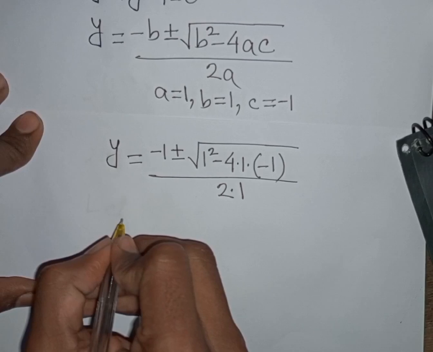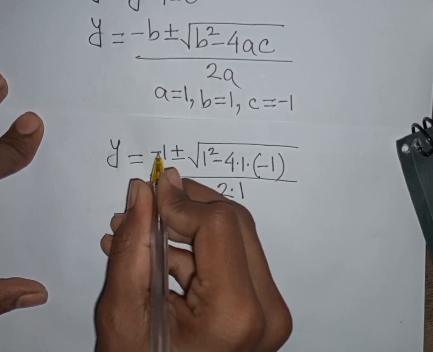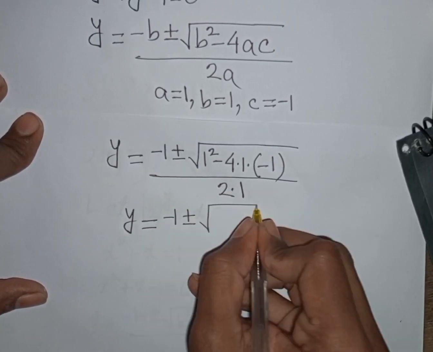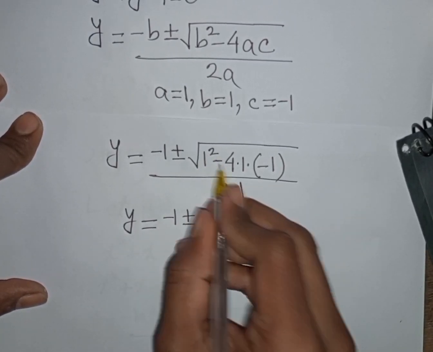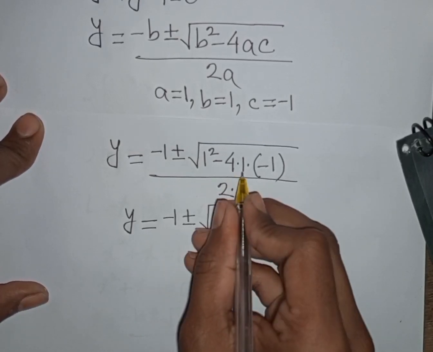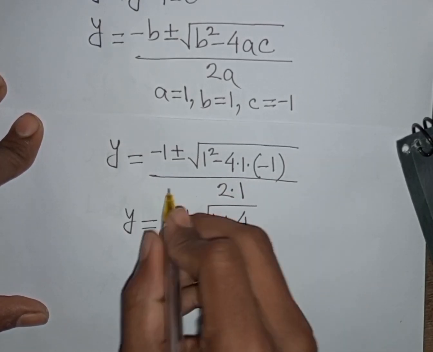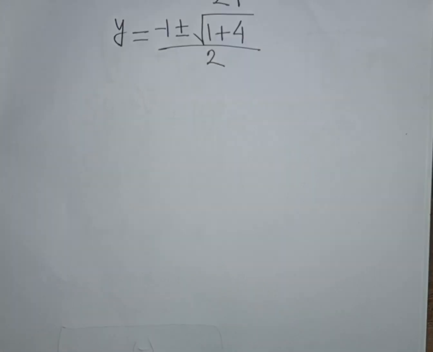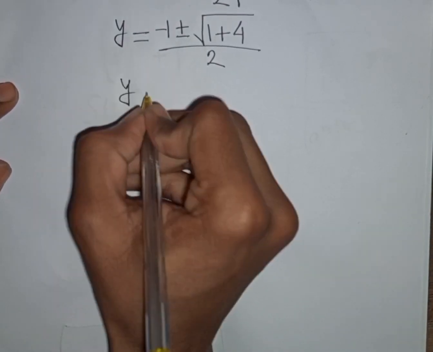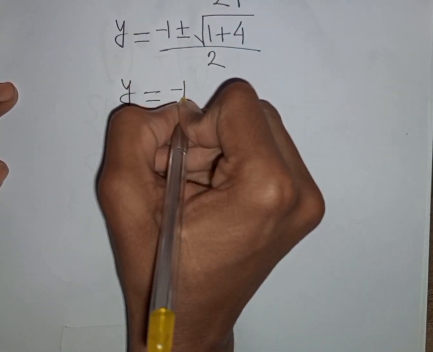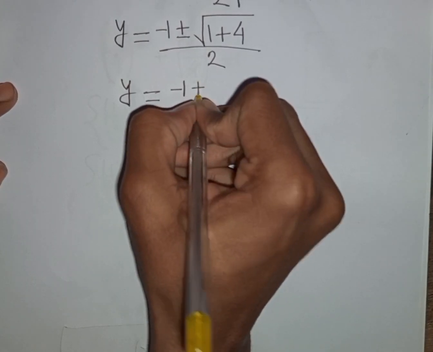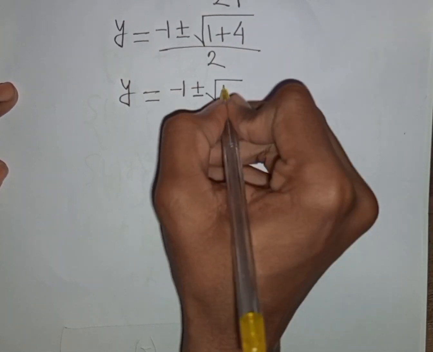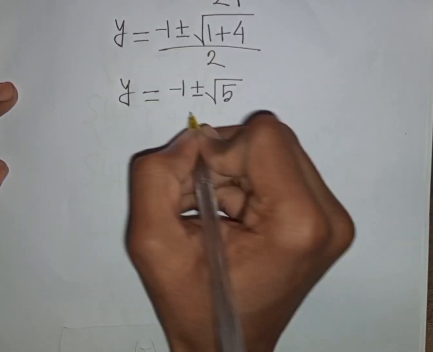Now I can write y is equal to minus 1 plus or minus square root of 1 square is same as 1, then minus times minus means plus 4 times 1 times 1, that means 4, divided by 2 times 1, that means 2. Now y is equal to minus 1 plus or minus square root of 1 plus 4, that means 5, divided by 2.